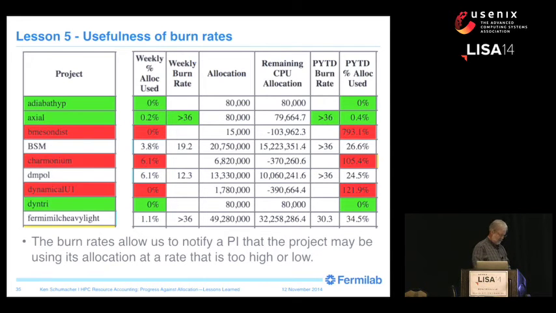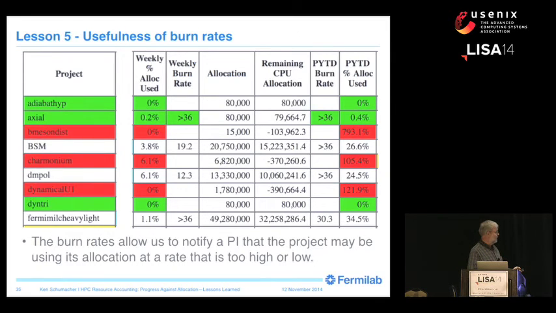Burn rates. It's the one part of the report I hadn't really explained to you yet. Burn rate means that these guys used only 0.2%, and it's going to take more than 36 weeks, that's the number of weeks left in the year for this particular date range, for them to burn the whole thing up. BSM, however, used almost 4% of their allocation.